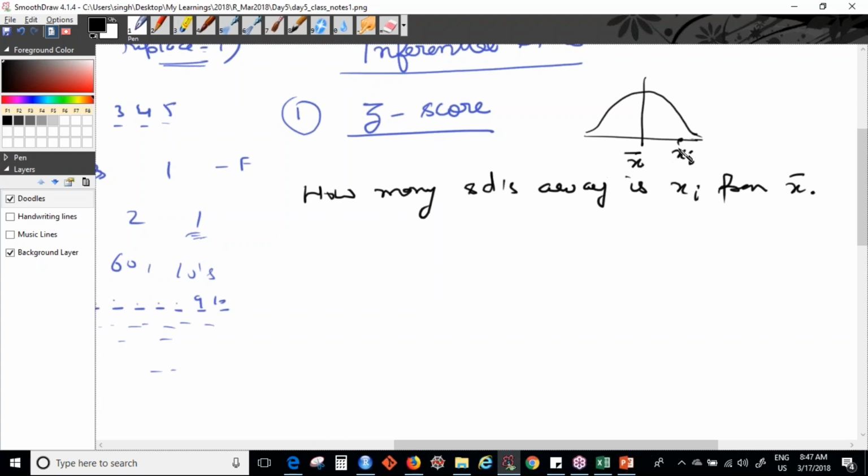Okay, so how many standard deviations away is xi from your mean? That number is your z-score. So how do you find that? How do you find how many standard deviations away is your xi? So it's very simple. You do xi minus x bar divided by the standard deviation. Okay, this will give you z-score.